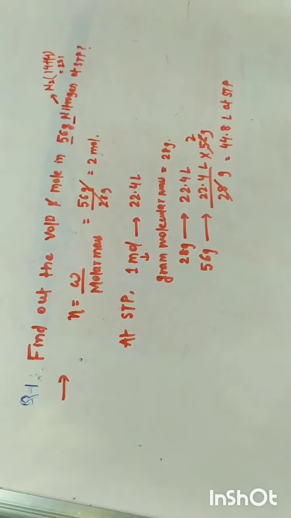Just equate these two equations. 10 to the power of 21 by Na is equal to W by 63.5. So W is equal to 63.5 into 10 to the power of 21 by Na. Okay, so this will be your mass, right?